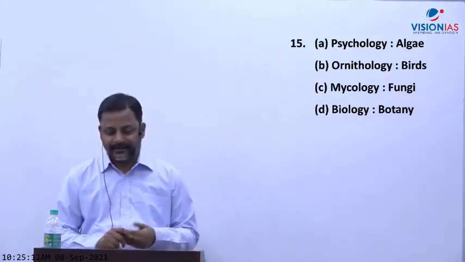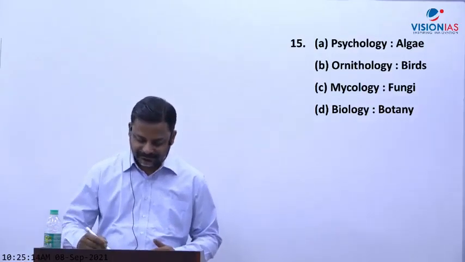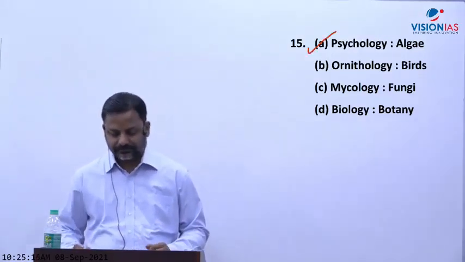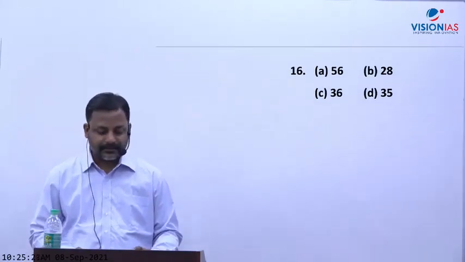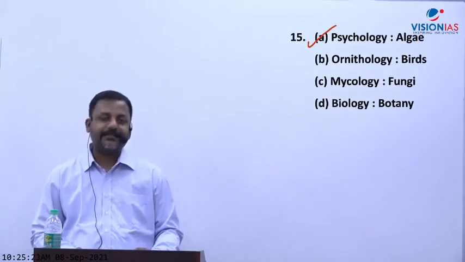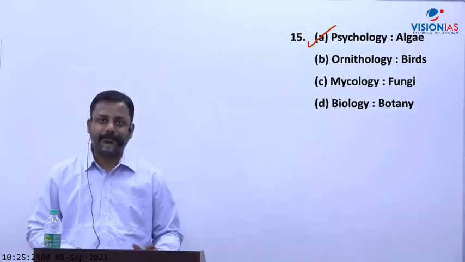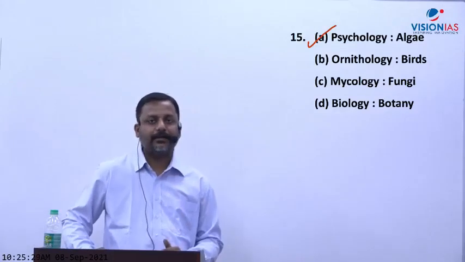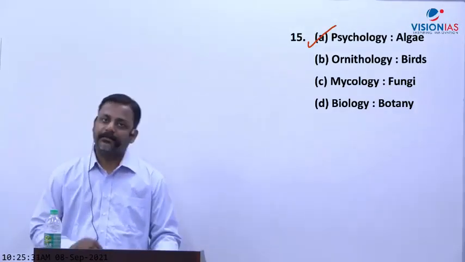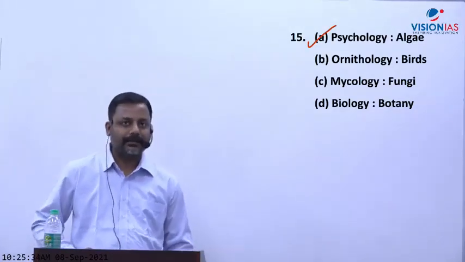Yes, the correct answer is option A. Yes, it is mismatched. So now let's take a short break of 5 minutes only, and then we will start the next part of classification, that is numbers followed by alphabets.